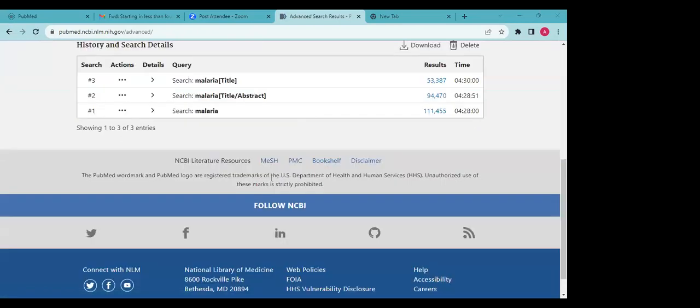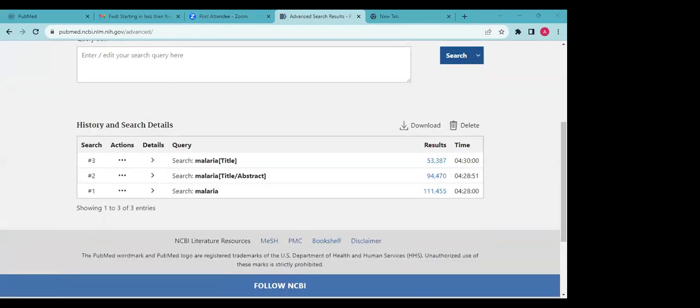So do you see? What does this tell you? We need to be careful the way we search. When you look at these 53,000, you find that all the studies that you are going to retrieve, the word malaria will appear in the title. But you may have over-restricted because you may find where the word malaria actually is not in the title, but it is in the abstract. And that study is relevant to your research question, isn't it?